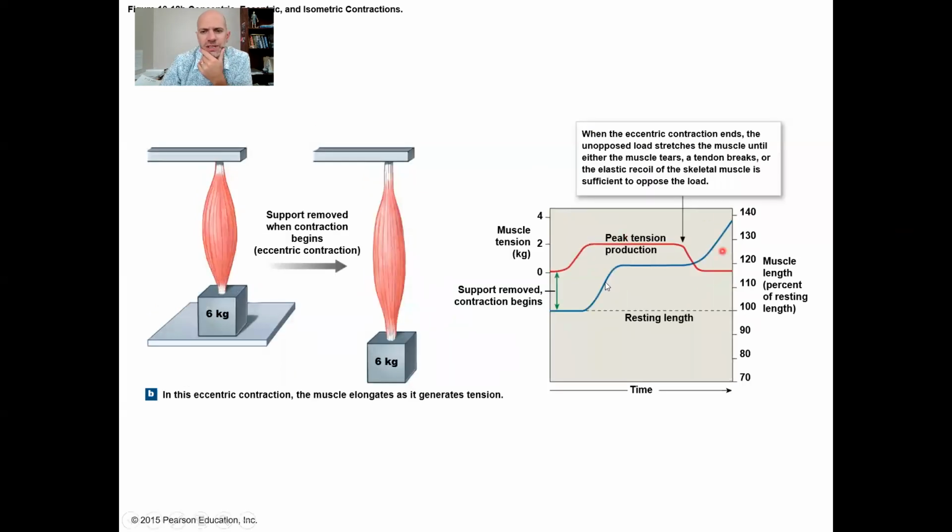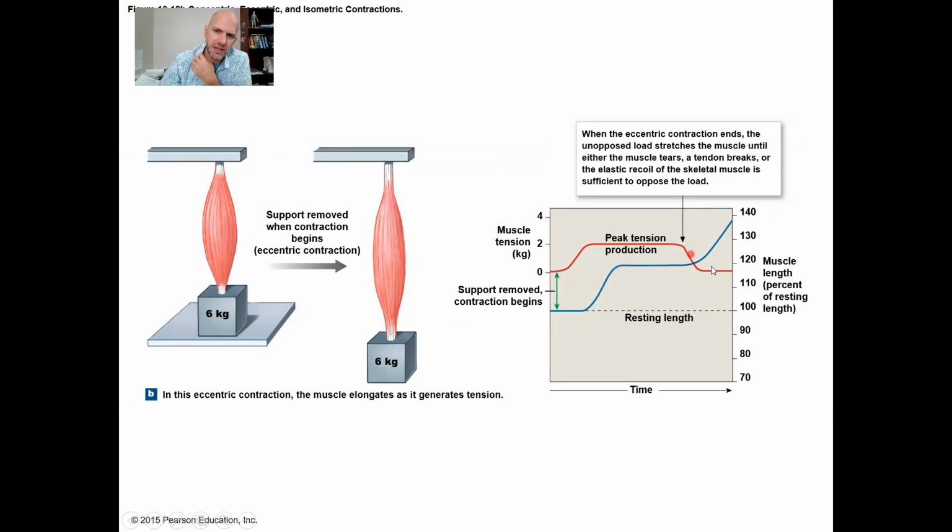So here is eccentric. Let's just imagine that the support to the 6 kilogram weight was removed, and you still are lengthening that muscle. So you're producing some tension here. You're lengthening the muscle. And here, this is a little bit confusing.